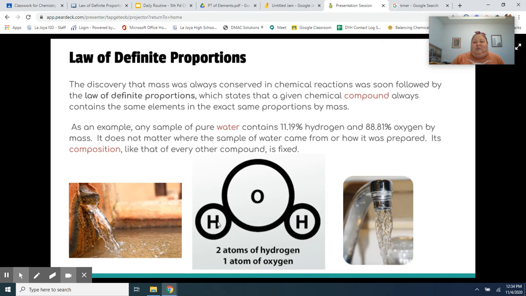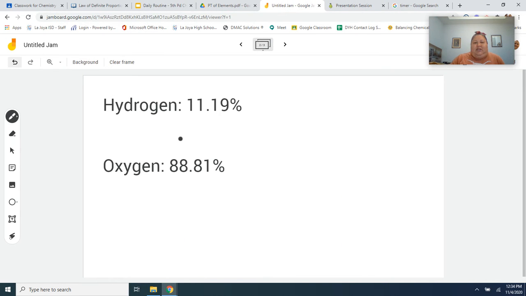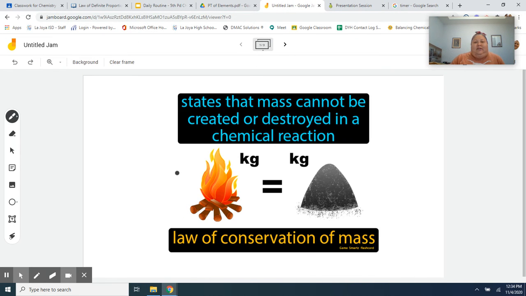Now, there was a law regarding mass and conserving it that you've probably been studying in the past. I'm going to just switch to Jamboard real quick. Here, this picture right here. If you know the law of conservation of mass, which some of you might have heard in another science class, you know that it states that mass cannot be created or destroyed in a chemical reaction. It only gets rearranged.